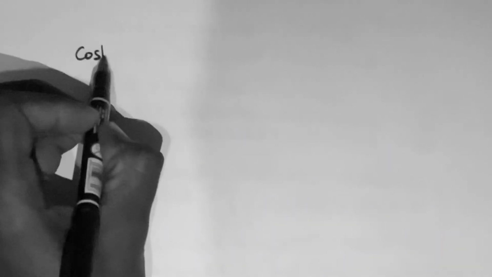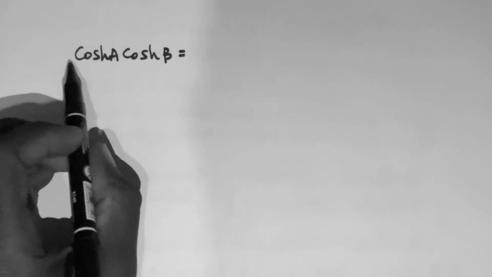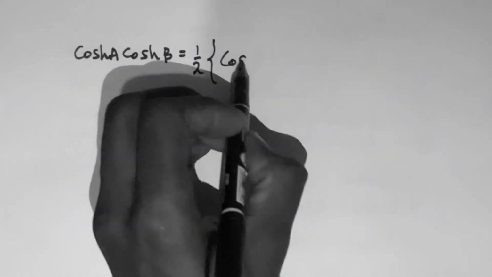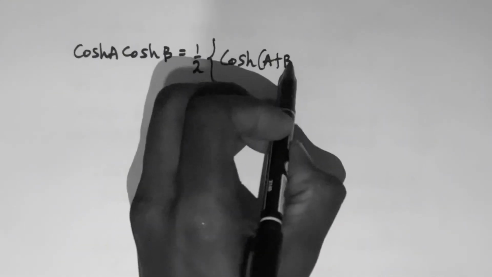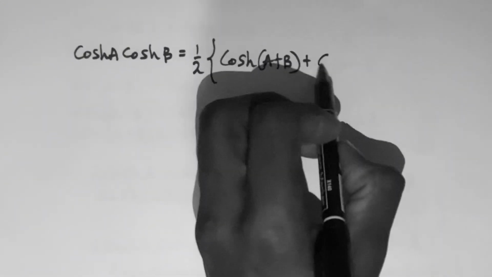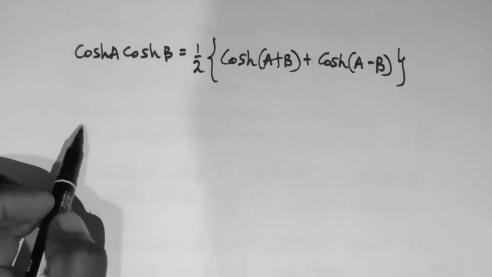So now let me just rewrite the hyperbolic expansion of cos A cos B and explain something. So cos A cos B is equal to half of cos(A plus B) plus cos(A minus B), bracket close.